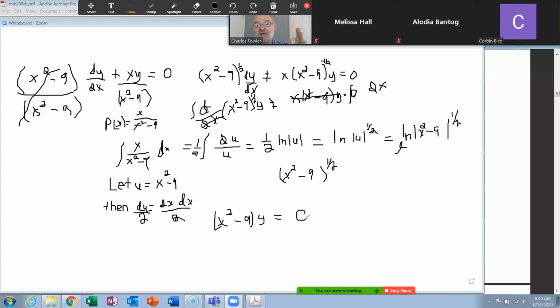Okay, so when you take a derivative of a constant c, you get 0. All right, so what does that yield us? That y is equal to c over x squared minus 9. Oh, it's x squared minus 9 to the 1/2 power. Y'all keep forgetting, let him get away with this.